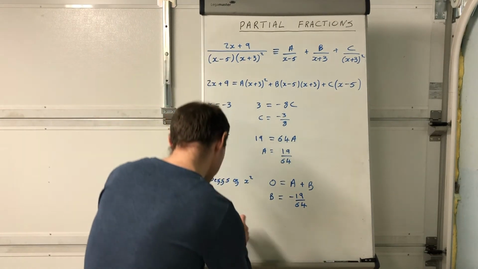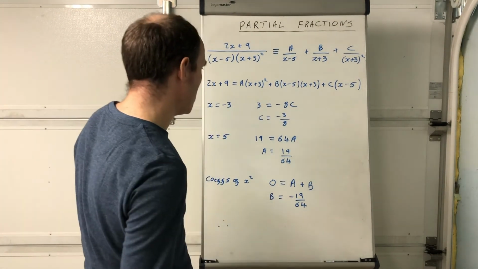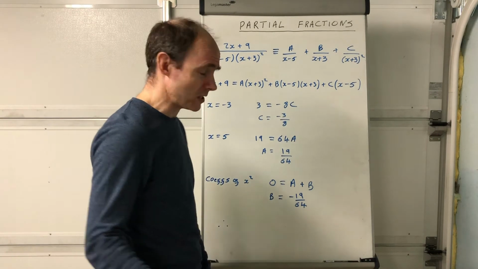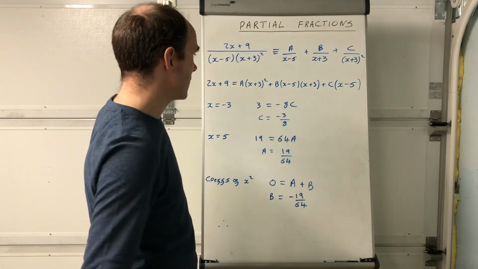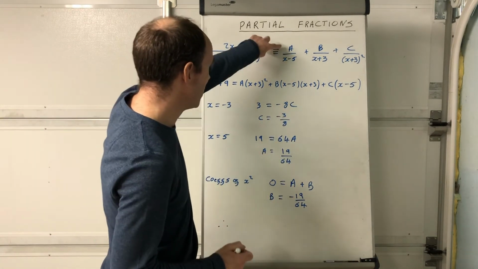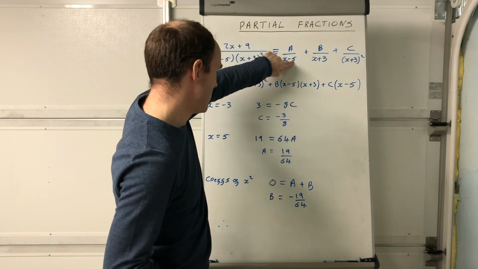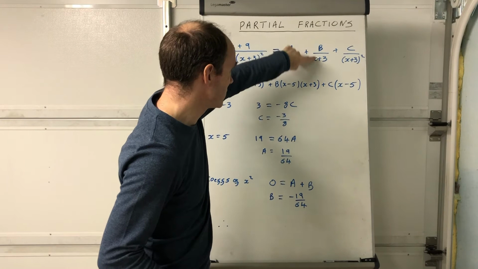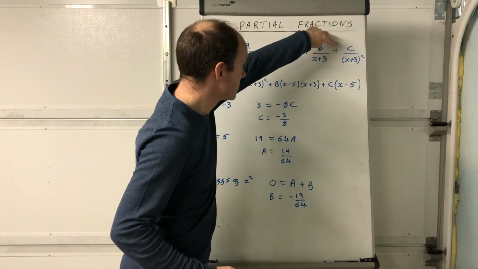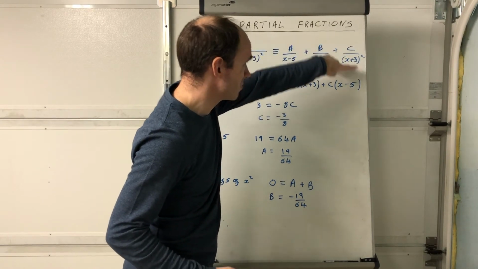Let's just complete this then. So, as I said before in the previous video, when you do have fractional values, the correct way of writing it really would be to write 19 over 64, (x minus 5), subtract 19 over 64, (x plus 3), subtract 3 over 8, (x plus 3) squared.